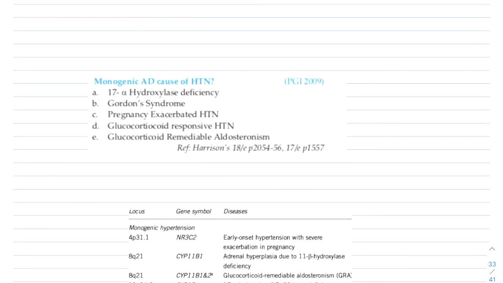Just ending this topic with one question which appeared in PGI 2009: monogenic autosomal dominant causes of hypertension are. So remember, CAH, both types, 11 beta hydroxylase and 17 alpha hydroxylase deficiencies, are autosomal recessive, as well as syndrome of apparent mineralocorticoid excess is recessive.